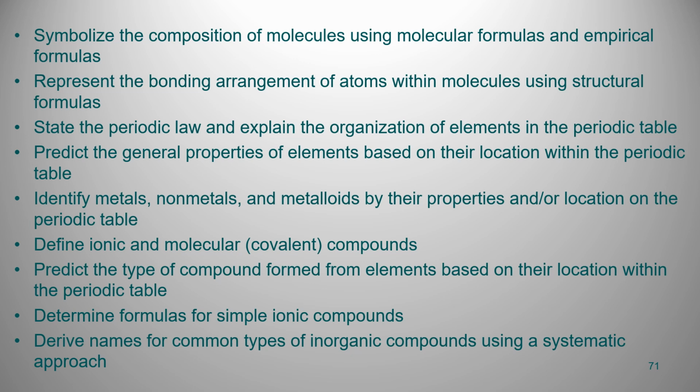So knowing the difference between the ionic naming system and the molecular naming system, and being able to name ions and being able to name using the prefix. So it's a lot in this chapter, but you can do it. Okay.